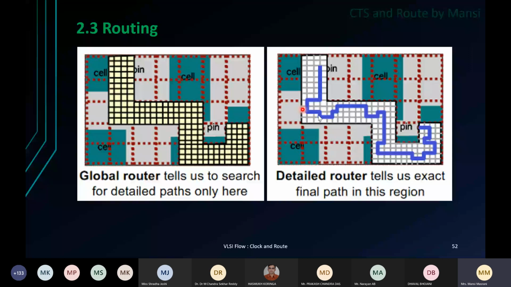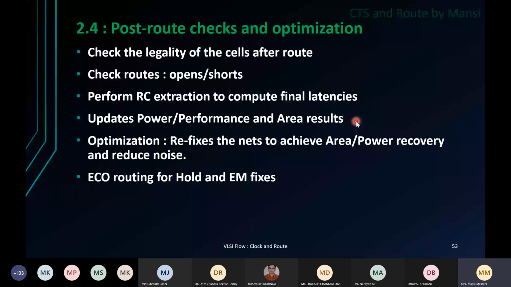Now once the routing is done, what does it do to optimize, and what are the post-route checks? It checks the legality of the cells. After placement, the cells are not allowed to be moved, but what if while fixing routing issues it actually moved them? So we check the legality of the design again.